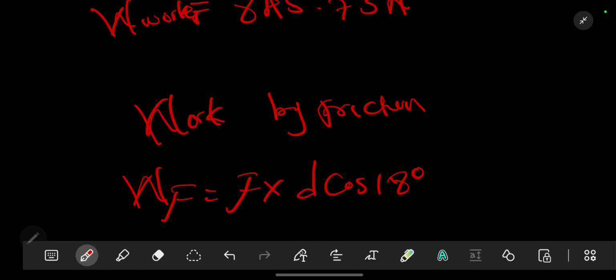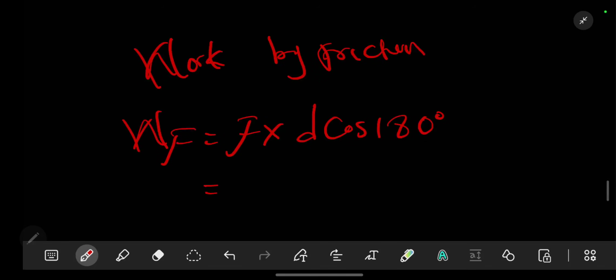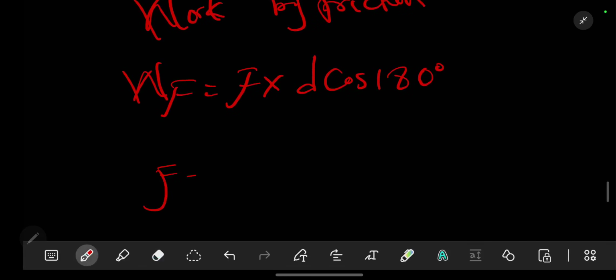In this case, for friction, it will be 180 degrees. Our frictional force we don't know, so we need to find it. Remember, the frictional force is equal to the coefficient of kinetic friction, if it's moving, times the normal force.